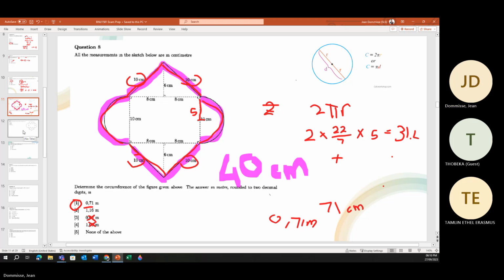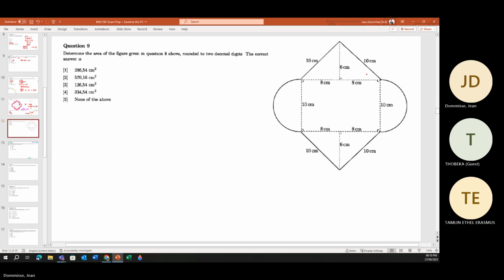Okay, so the next one is very similar, the shape, but now we need to work out the area. So now it becomes a bit different. But again, there are things that one can hopefully make use of and take some shortcuts so that it's not that difficult.